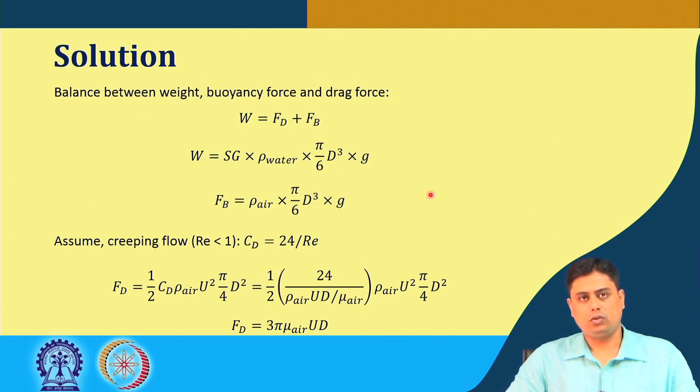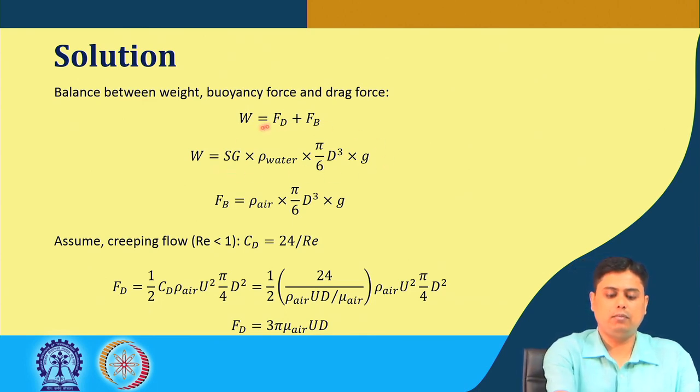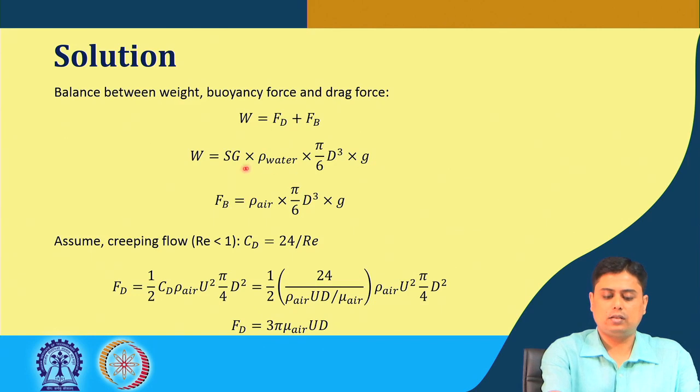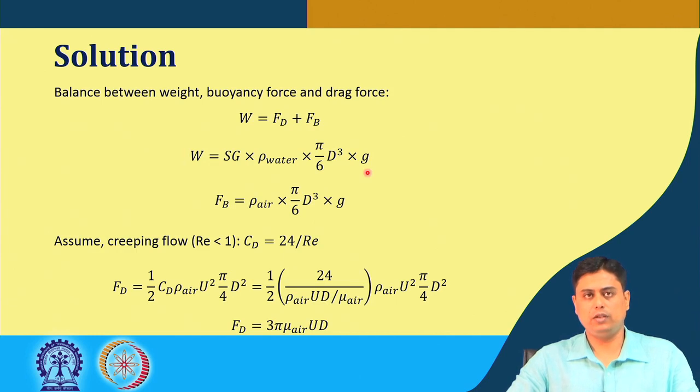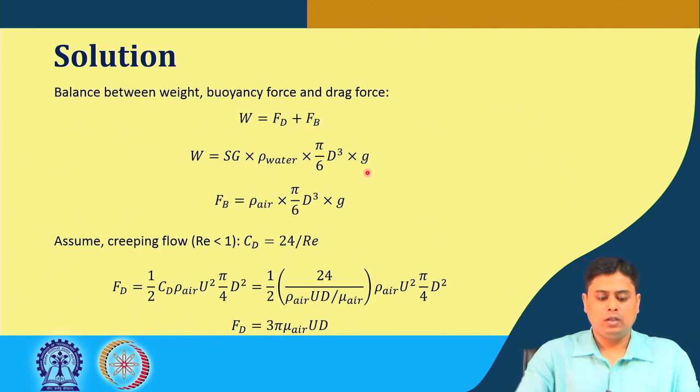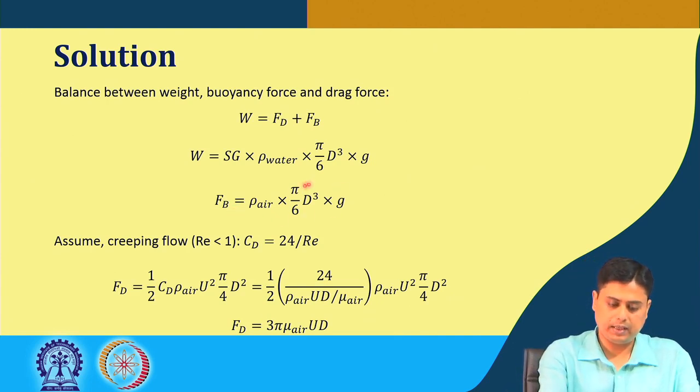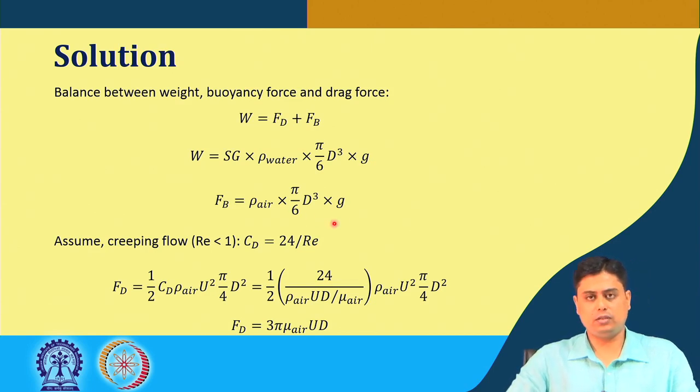So the weight of the droplet is given by this expression, where the specific gravity multiplied by the density of water gives you the density of that particular material, multiplied by the volume and g, which gives you the weight of that droplet. The buoyancy force that acts on this particle is given by this expression, because it is associated with the density of the surrounding media, which is air in this case.